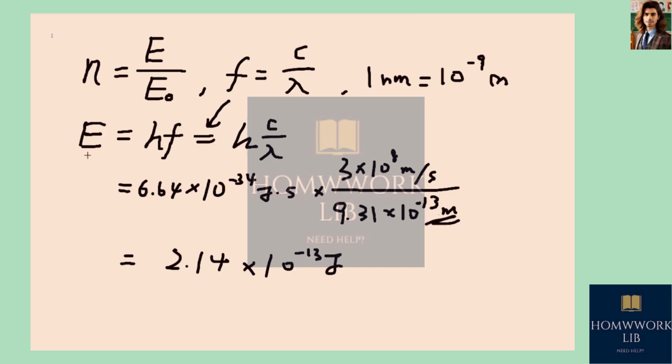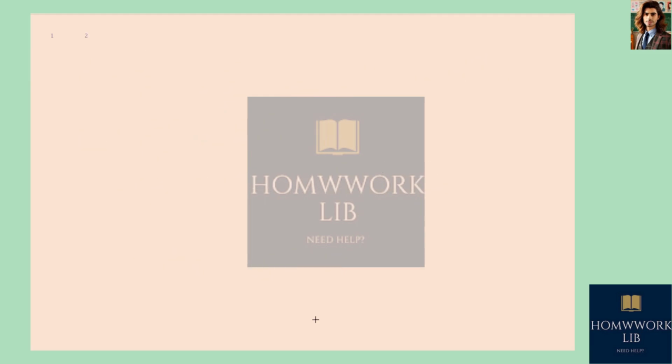Okay, now that we have computed the total energy, we will turn to the E0. So let's create another slide. E0 is the same as the gap between the valence and the conduction band, which is 1.12 electron volts. We need to change this electron volts into joule.